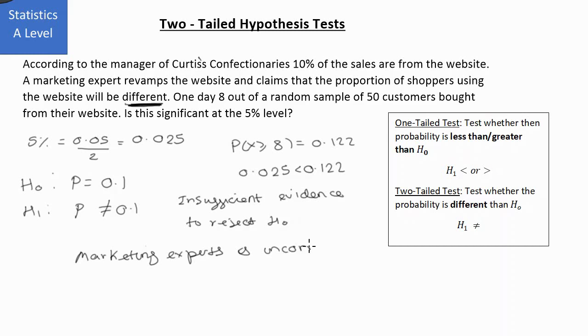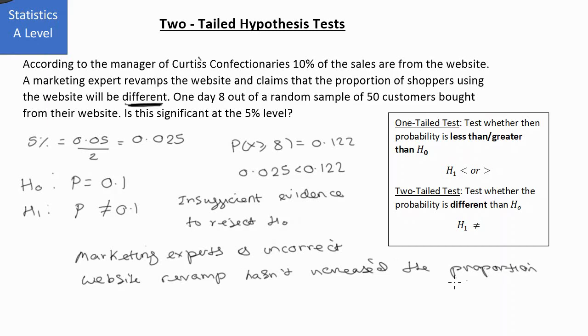The website revamp hasn't increased the proportion of people buying online. Hasn't increased the proportion of online sales. So something along those lines will get you the mark, as long as you relate it back to the situation.